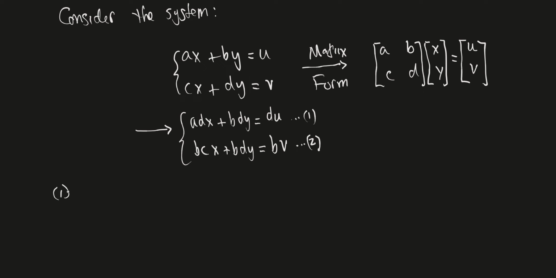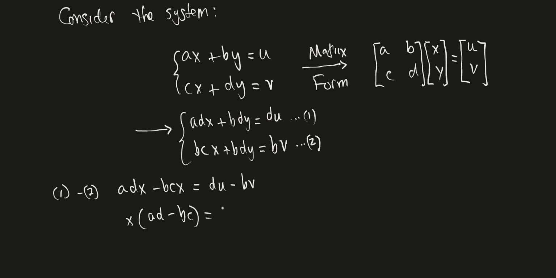So if I do 1 minus 2, I'll have adx minus bcx, the bdy terms cancel out, and then I'll have du minus bv. Now, remember our goal is to solve for x. So I can factor out an x here, and that leaves me with, look at that, ad minus bc.